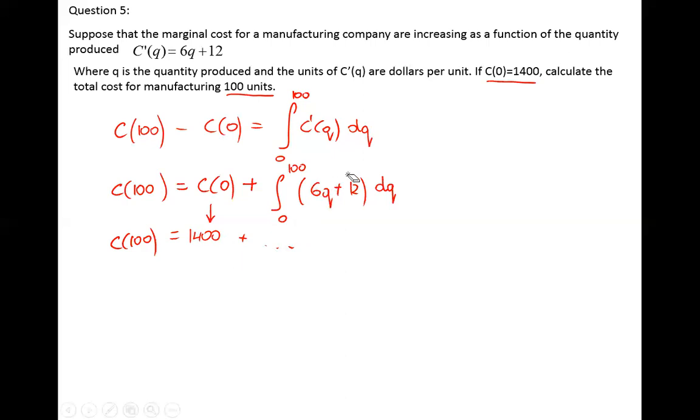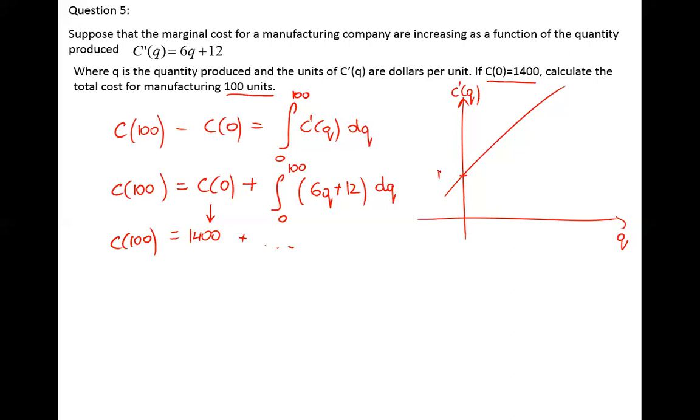And we know that this is a nice linear function, 6Q plus 12. 12 is the vertical, or I can say the y-intercept, because normally the vertical line is defined as y. That means 12, and the positive slope, 6.